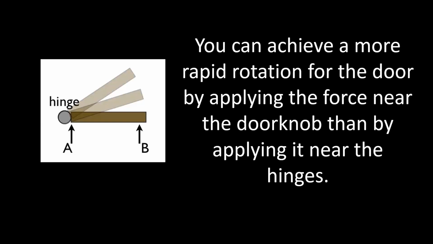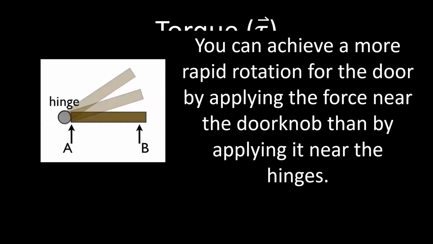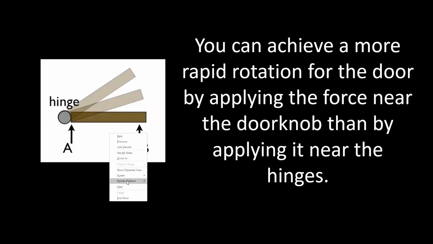So this torque is more than just the force. Actually, torque is the tendency of a force to rotate an object about some axis. Okay, so torque has something to do with the force, but it's not only that. Torque also has something to do with where you apply the force, and also what direction you apply the force. Because imagine if, for example, we apply another force, C, but this is how you apply that force.